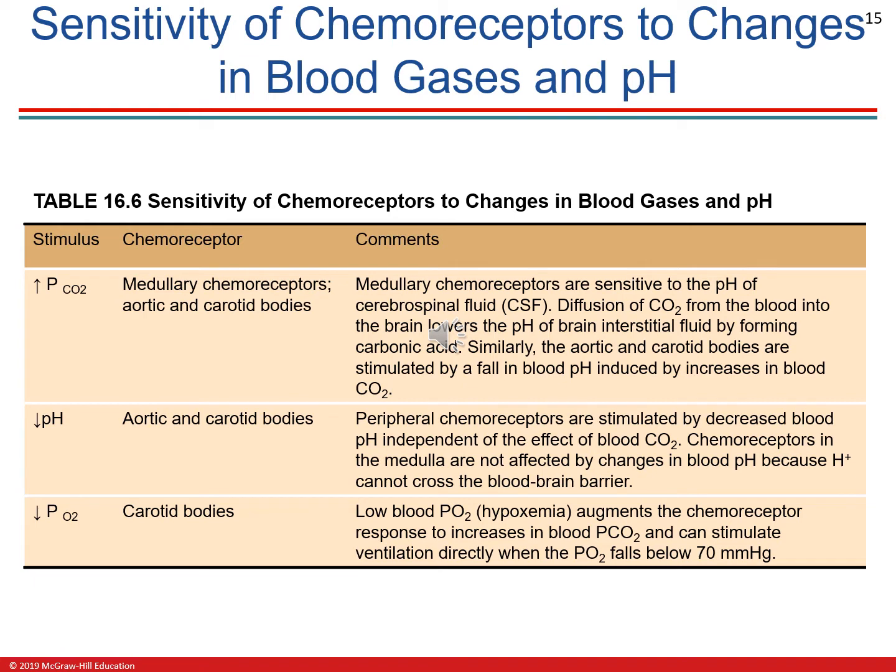Now, really, it doesn't matter if you know or if you have very clear that it is sensed by the peripheral or the central chemoreceptor. What you really have to know is what is the reaction that our physiology is using in order to compensate for that deviation from the normal level.